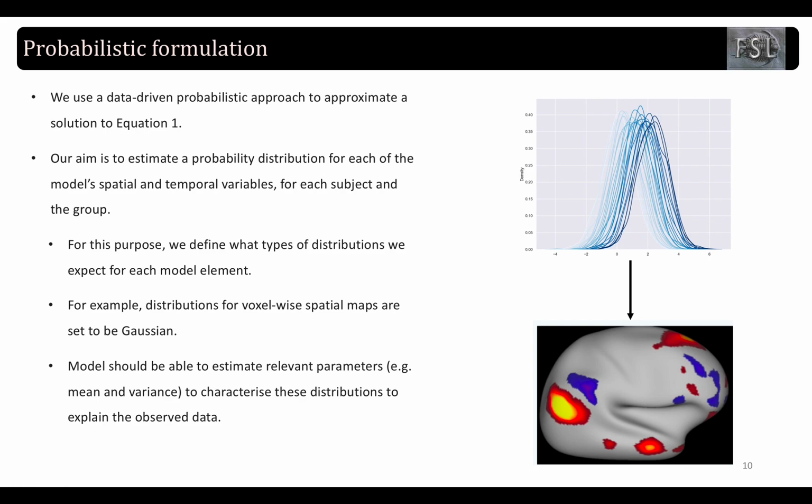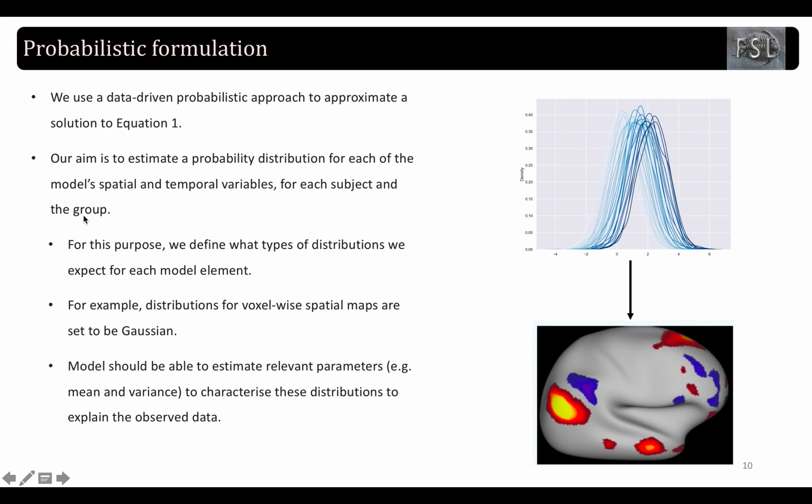It is probabilistic because instead of estimating single values for the different variables, we want to estimate probability distributions for each of the model elements in the spatial versus temporal domains. And we want to estimate these probabilistic characteristics of the spatial and temporal elements, both for the subjects and for the group.